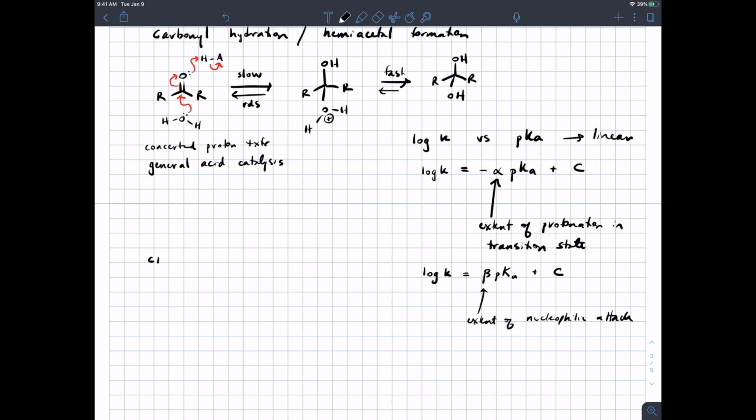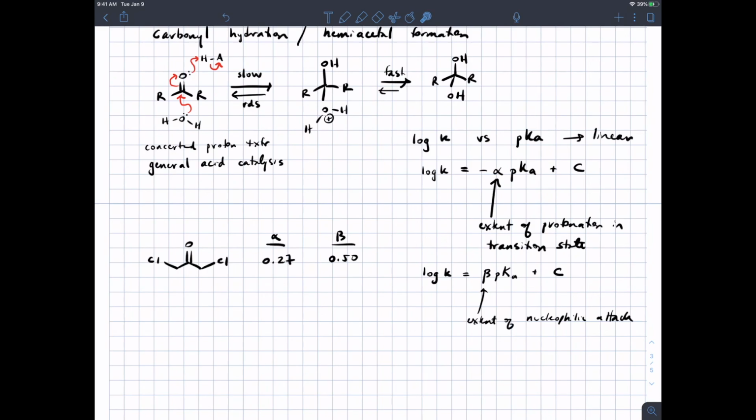So, for example, 1,3-dichloroacetone has an alpha value of like 0.27 and a beta value of 0.50. That basically means that in the hydration reaction for this carbonyl compound, the oxygen-hydrogen bond is maybe 27% formed, whereas the oxygen-carbon bond is maybe 50% formed.